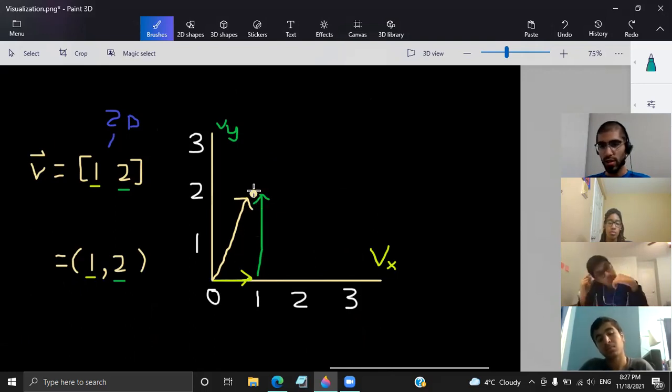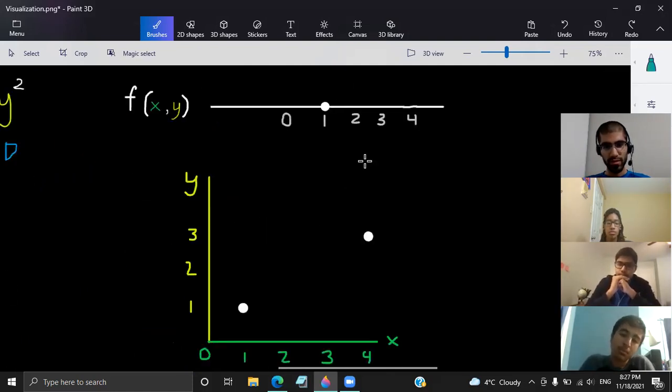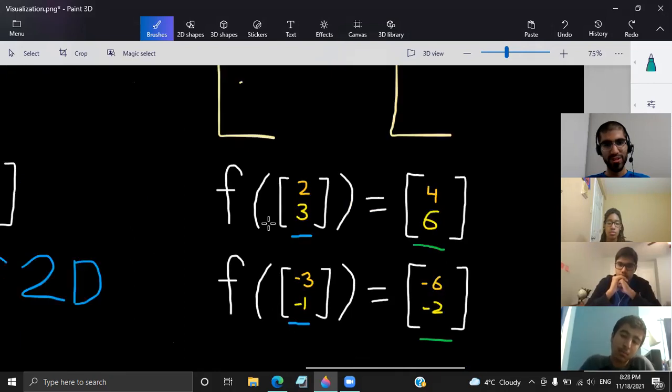Maybe 1, the input was a dot, and 2, the output was an arrow. Let me show you what I mean. Let's say, after we scroll down a lot, we have the inputs 2, 3. We're going to make that a point, and we're going to make this a vector.